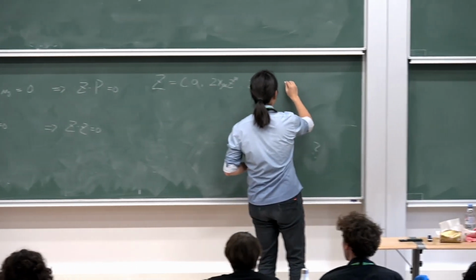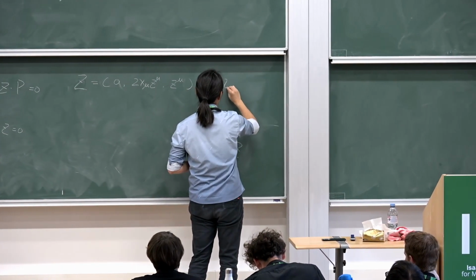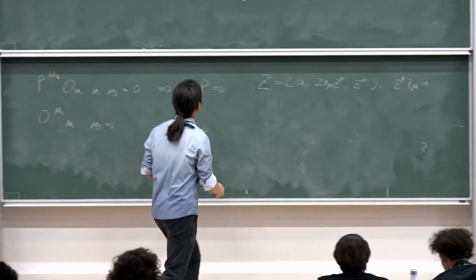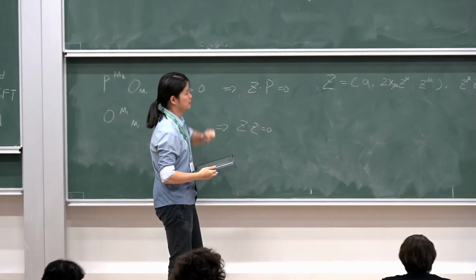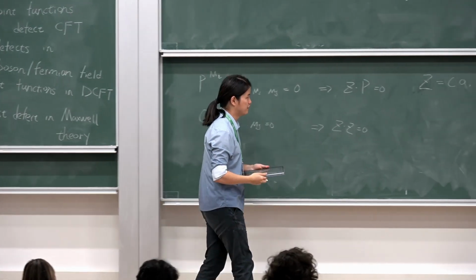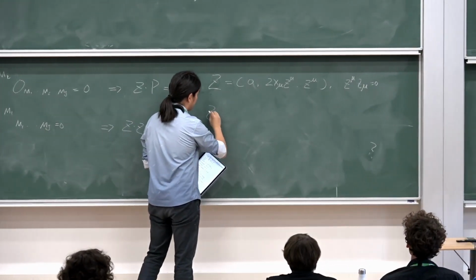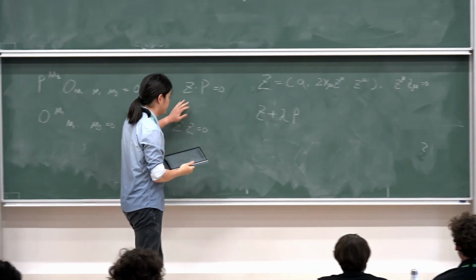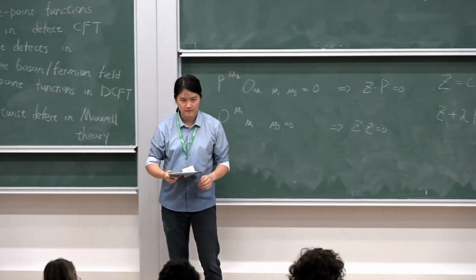Where this real space z is a complex vector satisfying the null condition. Now we can just verify the inner product between the Z and the capital P is identically 0. Such Z's are not unique because you can always shift this by something that is proportional to P, and these two conditions are always satisfied, right?